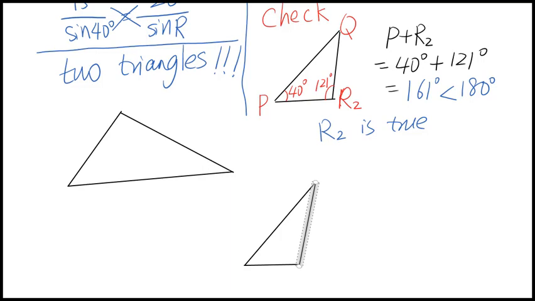Then you will label the given angle, which in this problem is P. Here is R1. Then this is Q. This is P. Here is R2. And this is Q. This is the obtuse angle. This is the acute angle. 59 degrees. This is 121 degrees.